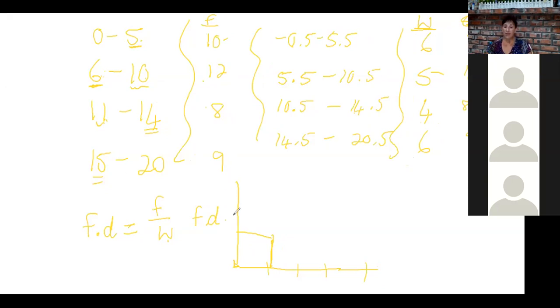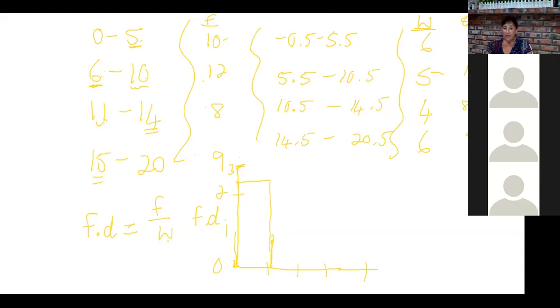So when we plot here, we're plotting frequency density. So 0, 1, 2, 3, something like that. So from minus 0.5 up to 5.5, it is about 2.5, which is there. So it's all the way. There is nothing here.